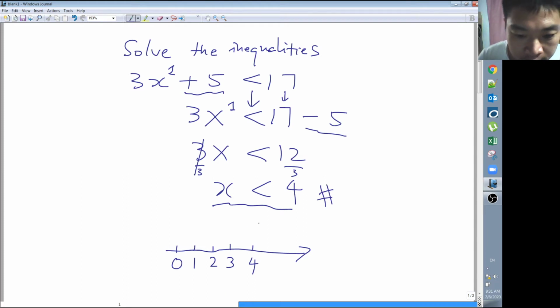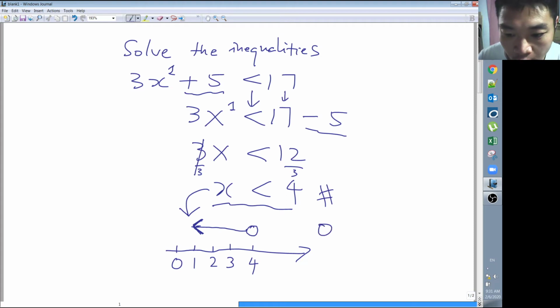So x is smaller than 4. You need to use a hollow circle here. A hollow circle indicates that 4 is not included. And x is smaller than 4, so the arrow should go to the left. This is how you represent x is smaller than 4 on this number line.